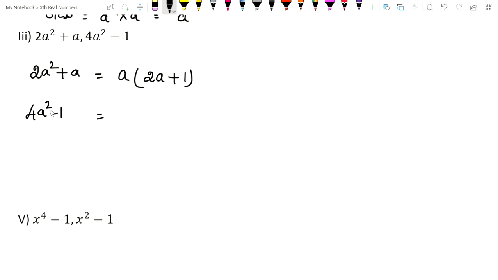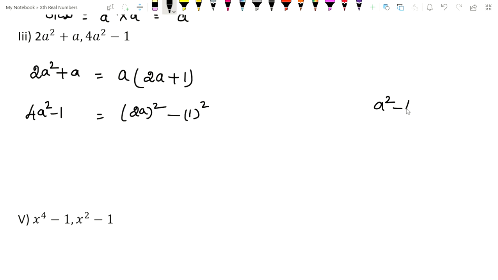Here square is there, so I am going to replace this with 2a the whole square. How can you write this? 4a square, I wrote 2a the whole square. While squaring, what will I get, children? You will get 4a square, because 2 square is 4, and a the whole square is a square. Minus 1 the whole square. 1 the whole square, what will you get, children? 1 only.